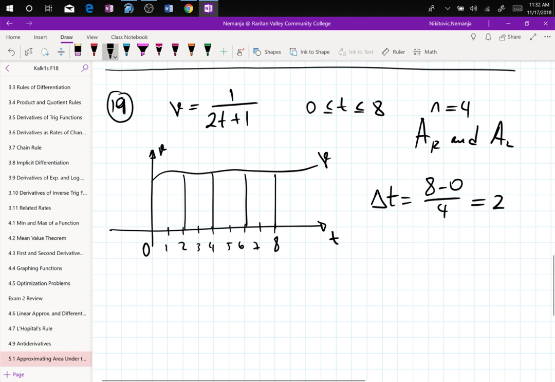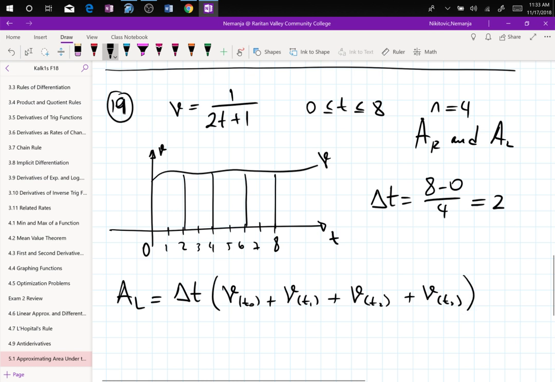Okay, where do we start? Well, we just say the left ones. AL is going to be delta t times v at t0 plus v at t1 plus v at t2 plus v at t3. I have 4 rectangles, 4 calculations.